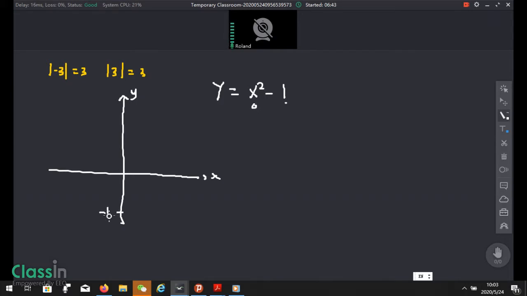So it must be here. If y is 0, we will have x squared minus 1 to be 0, and x squared will be 1. Therefore, x will be plus or minus 1. So we have 1 or -1. Of course. So this graph will be of the shape, a quadratic of the shape.